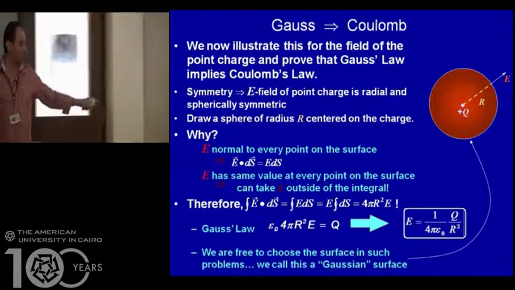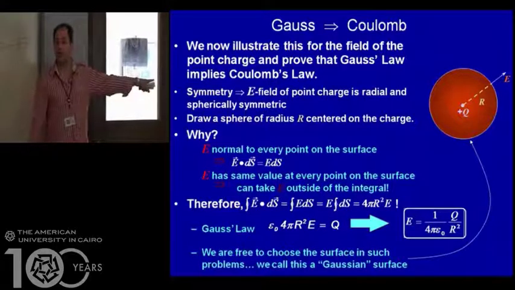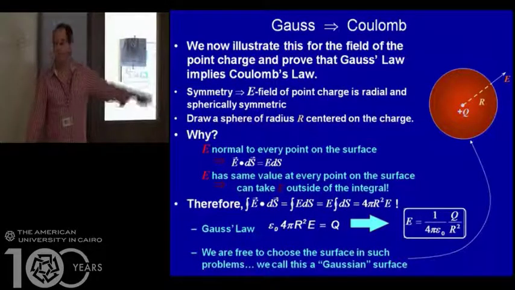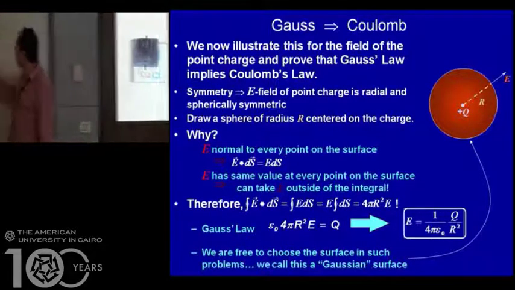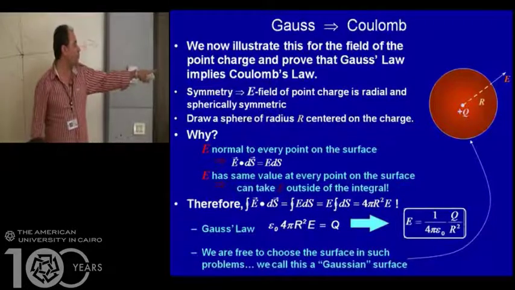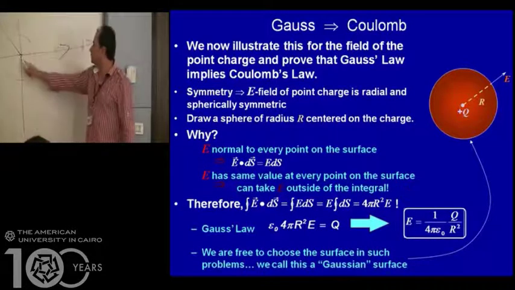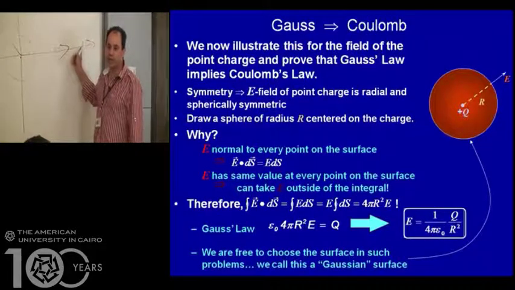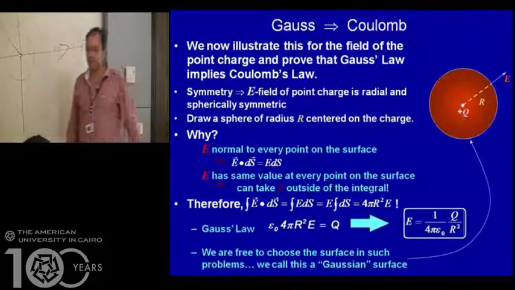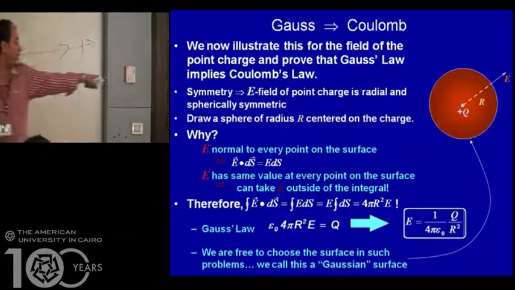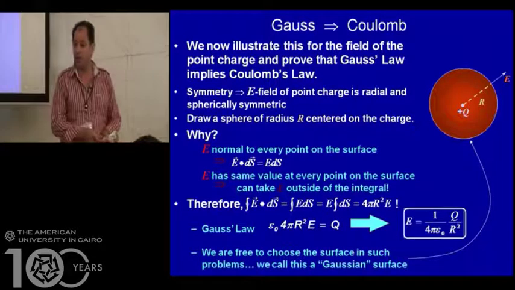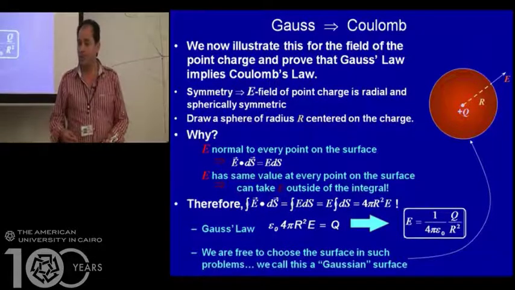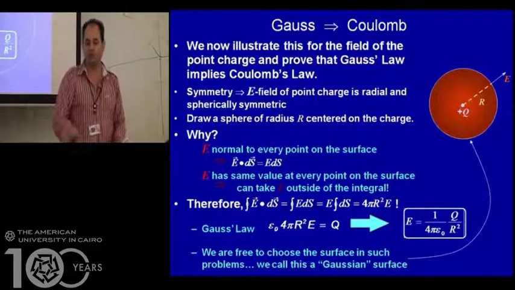The electric field at any point outside the sphere equals 1 over 4 pi epsilon 0 times Q divided by r squared, where r is the distance between the center of the charged sphere and the point that you're trying to find the electric field at. That's easy. It looks exactly like the formula that we know for the electric field from a point charge.